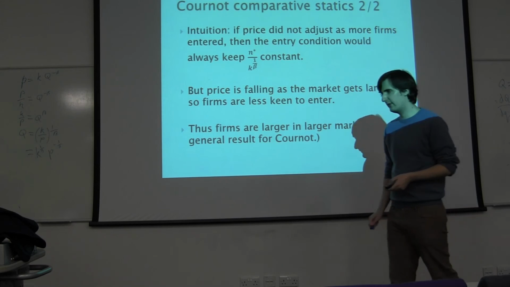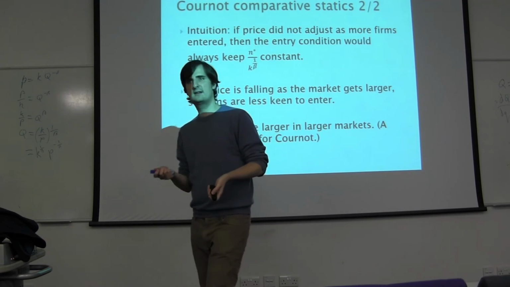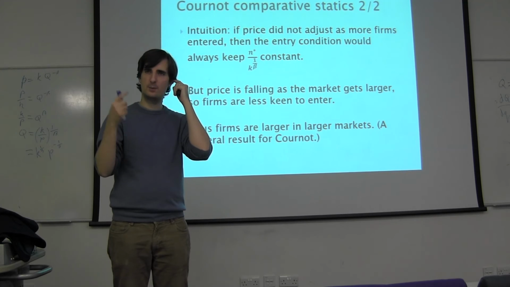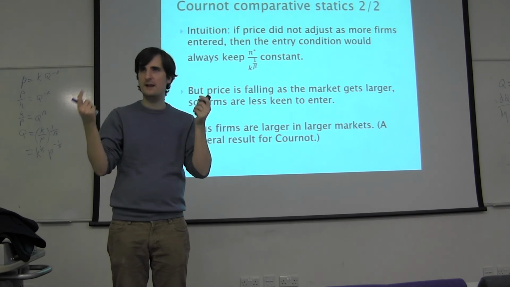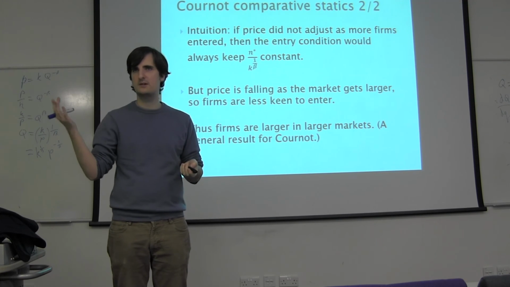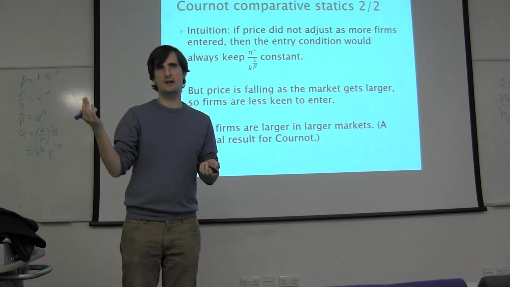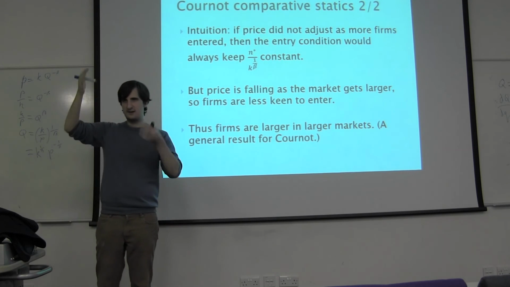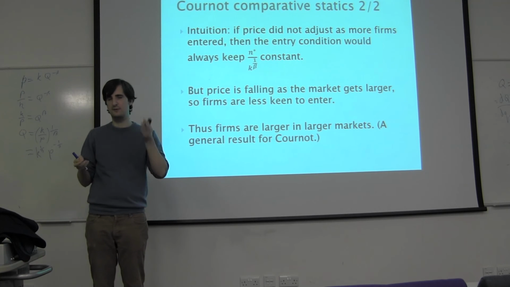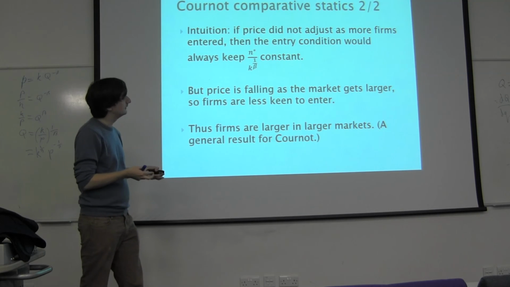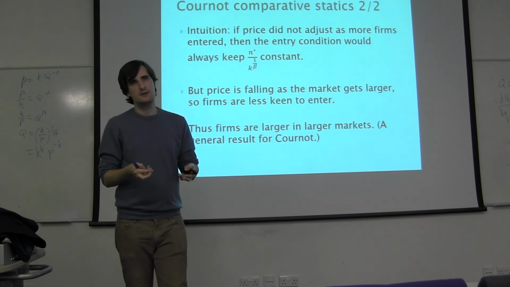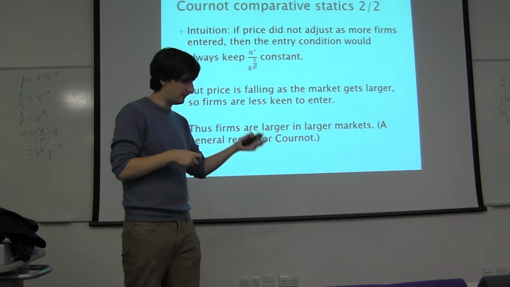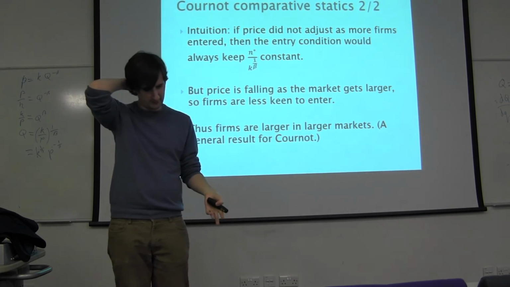And what's driving that? Well, suppose the price didn't adjust at all. Suppose if another firm entered, the price stayed the same. Well, then the number of firms would scale, because the price is staying the same, so profits are just scaling proportionally as more firms enter. Then the number of firms would be proportional to the size of the market.